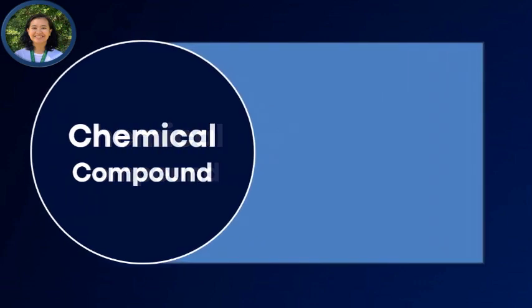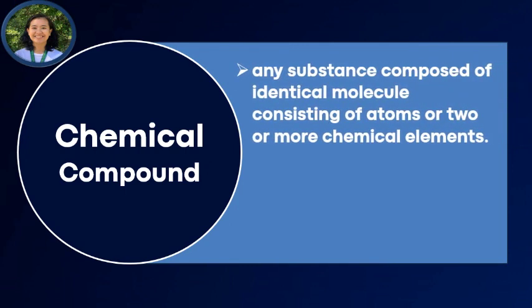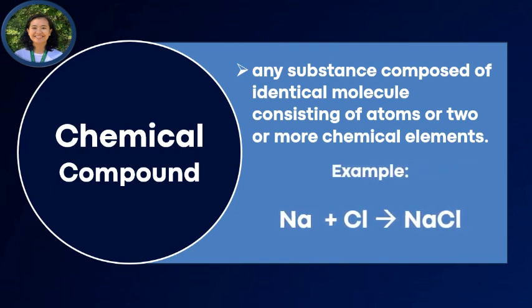Alright, let's start. First, let's start our discussion on what is a chemical compound. A chemical compound is any substance composed of identical molecules consisting of atoms of two or more chemical elements. When we say chemical elements again, class, these are the elements that you can find in your periodic table. We have here an example of a chemical compound as you can see on the screen.